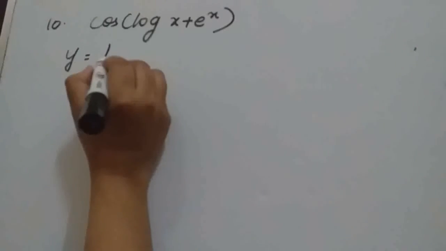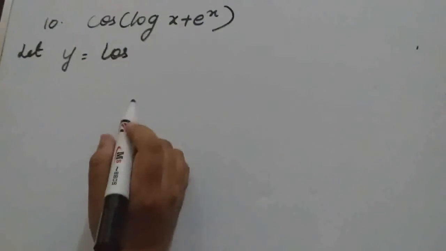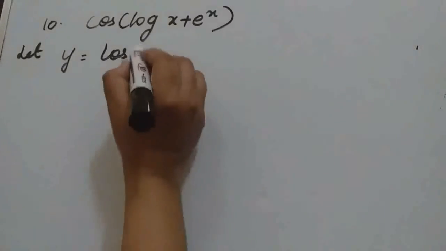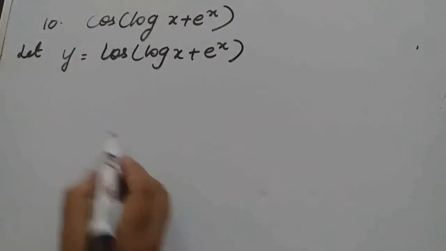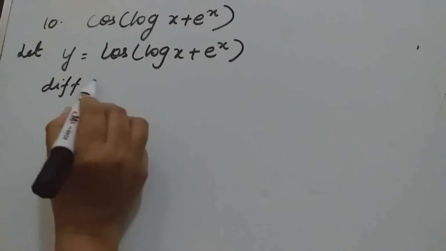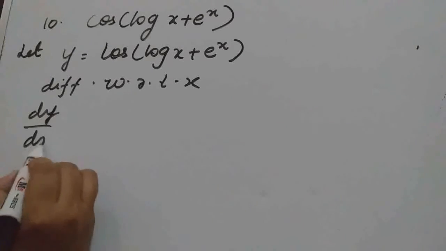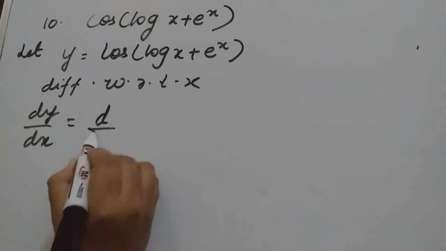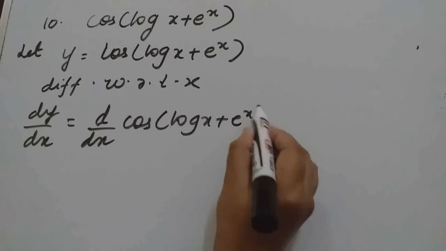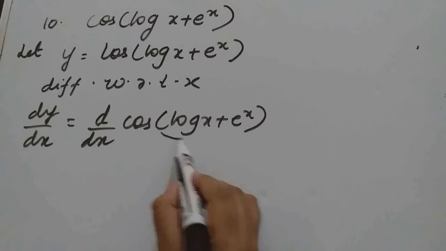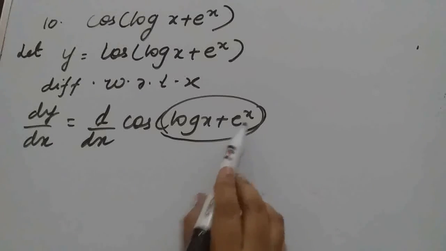Let y = cos(log x + e^x). Differentiate with respect to x. So dy/dx will be d/dx of cos(log x + e^x). Now the cos x derivative we know is minus sin x. Now we got here cos(log x + e^x).